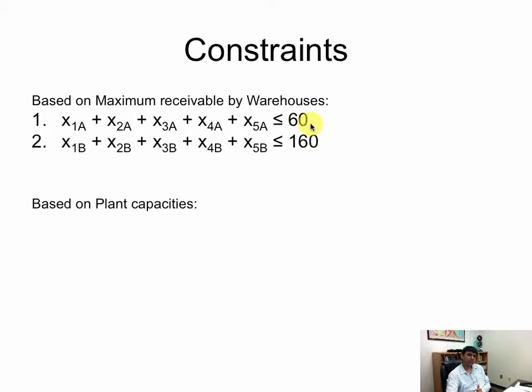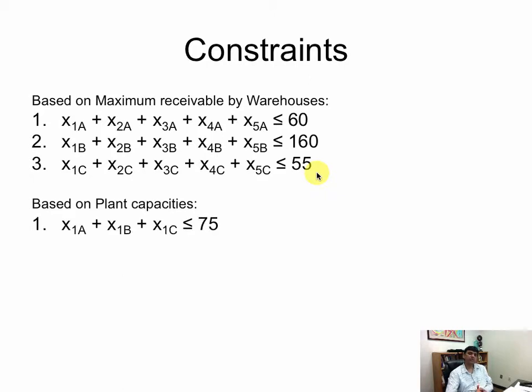Similarly for warehouse B, which will receive from plants 1 through 5, and warehouse C, which will receive from plants 1 through 5. In this case, warehouse C's limit is 55 tons.